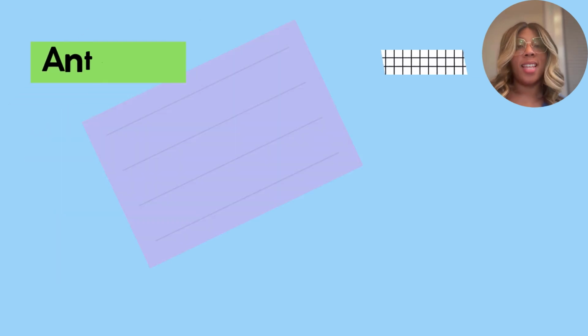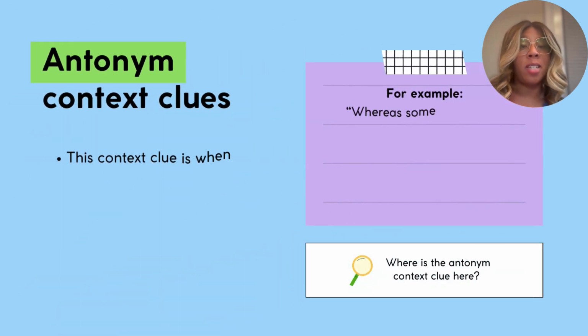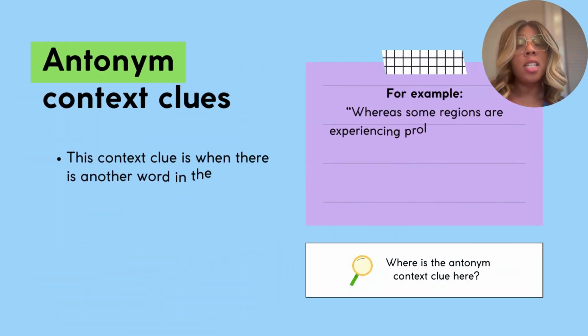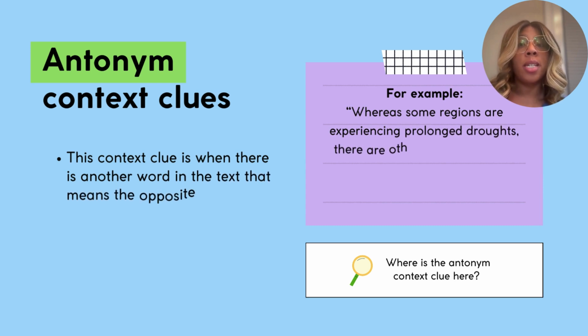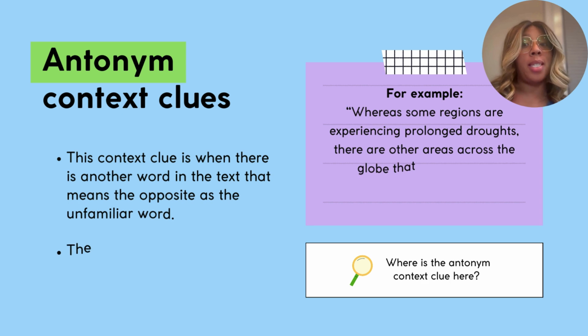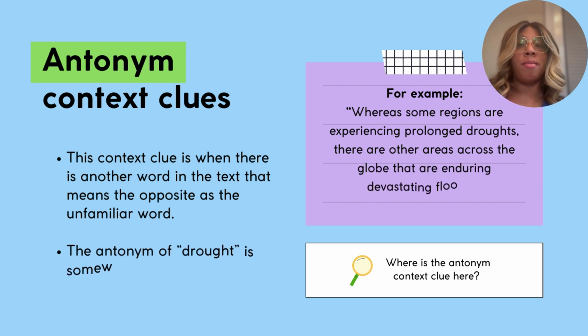Now let's look at antonym context clues. This context clue is when there is another word in the text that means the opposite of the unfamiliar word. The antonym of drought is somewhere in the sentence. Let's take a look. Whereas some regions are experiencing prolonged droughts, there are other areas across the globe that are enduring devastating floods.